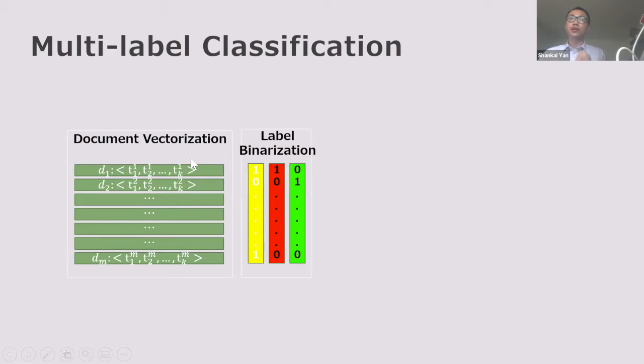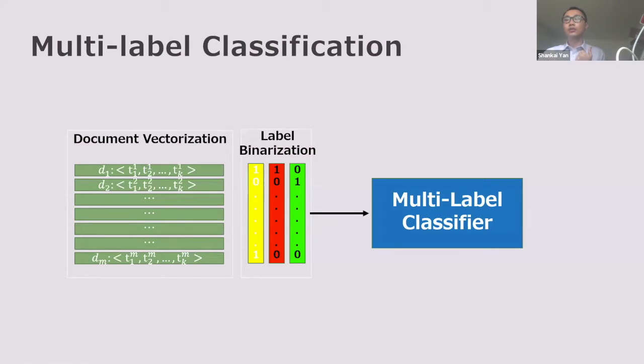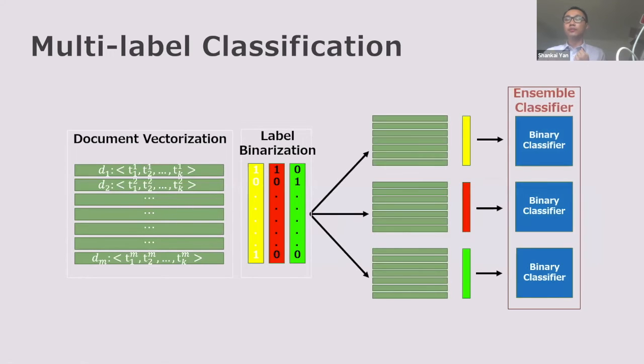Once the document is vectorized, we binarize the labels. The label here means whether the cancer hallmark is annotated on the corresponding document. Then you have two matrices, one for the documents, one for the labels. Then you can use a multi-label classifier, for example random forest and some other classifiers that support multi-label classification, to do the learning.